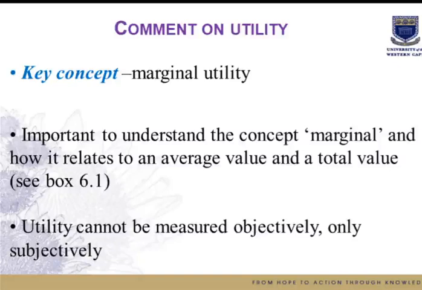See box 6.1. You will use this concept more often from now onwards. It is important to understand that utility cannot be measured objectively, but rather subjectively. However, there is another approach which yields the same results but does not rely on the assumption of cardinal utility. This approach is called the indifference approach.